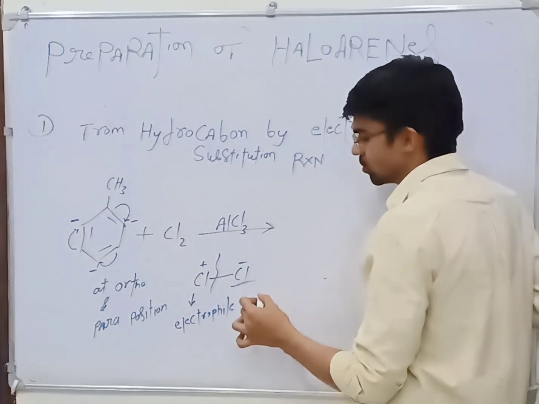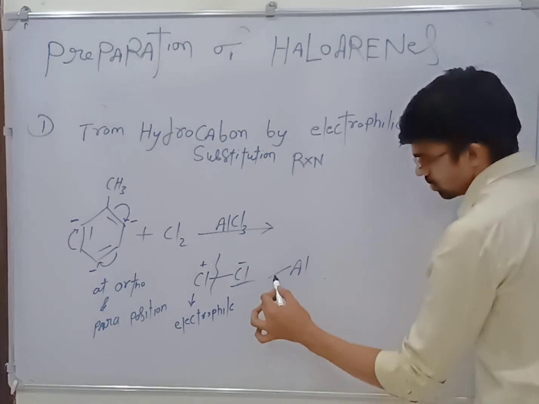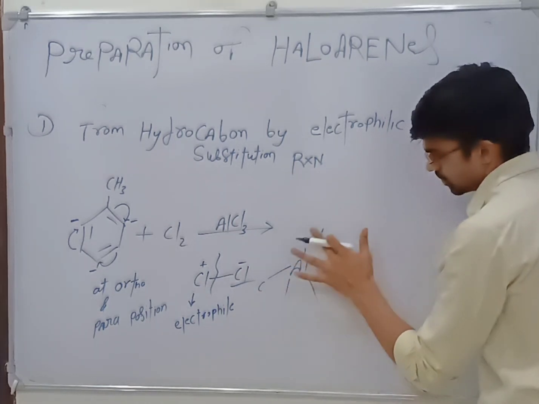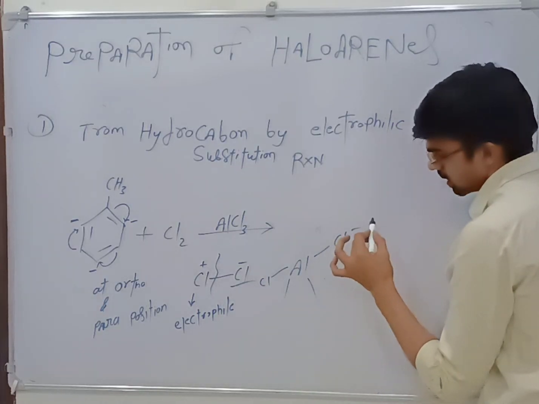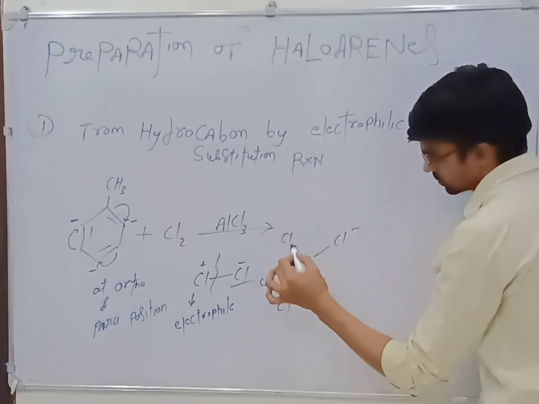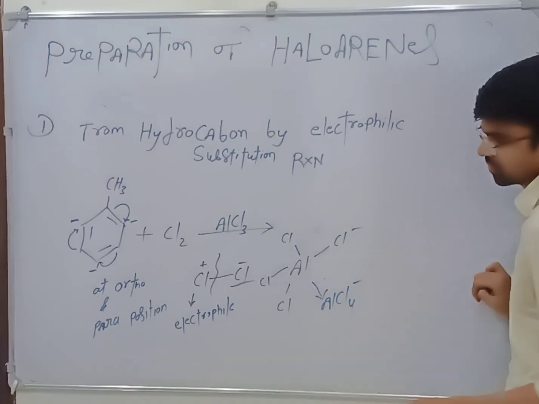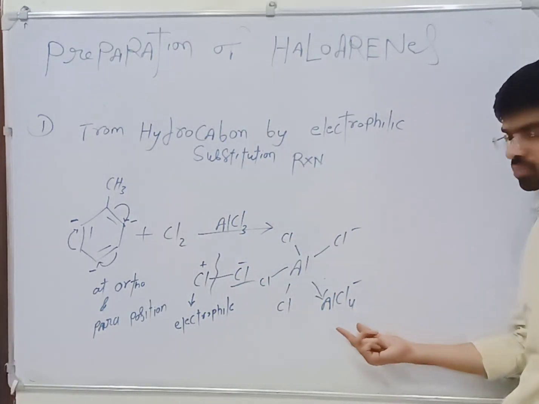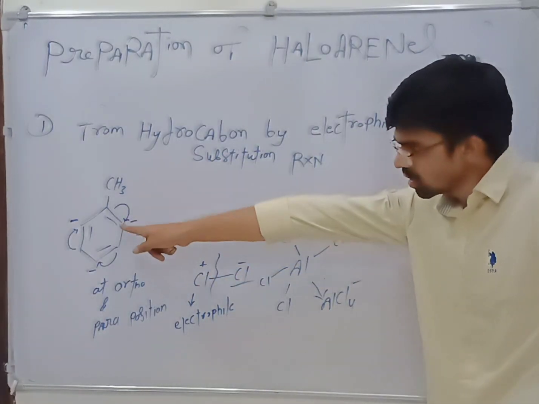This negative chlorine ion will get attached with the aluminium chloride, AlCl3, and form AlCl4 minus, and this electrophile is now free to attack the benzene ring.